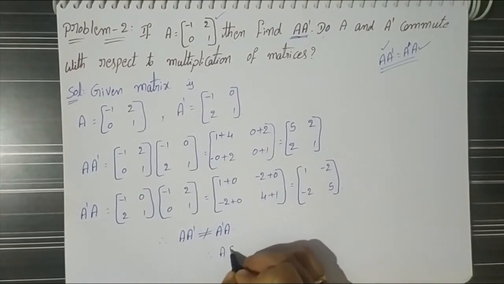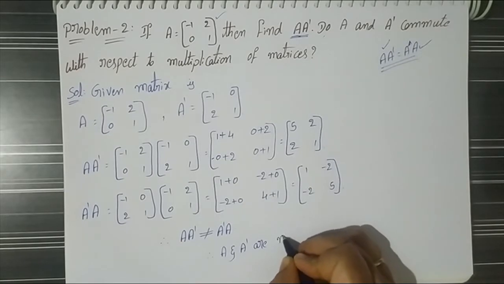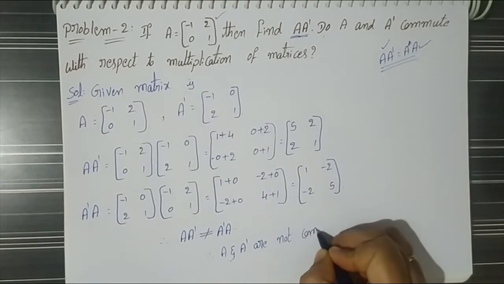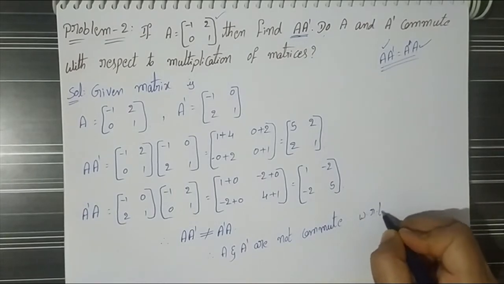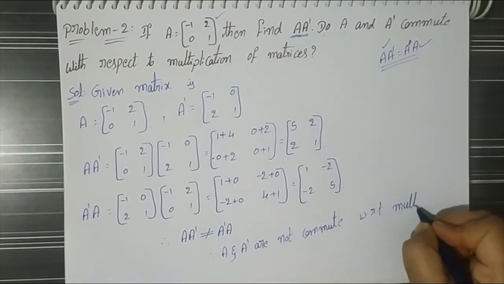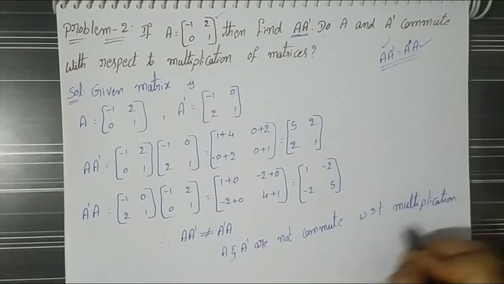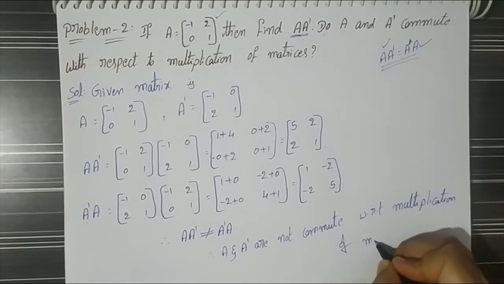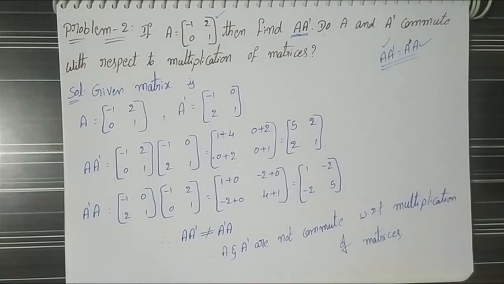Therefore A and A dash do not commute with respect to multiplication of matrices. This is our second problem.